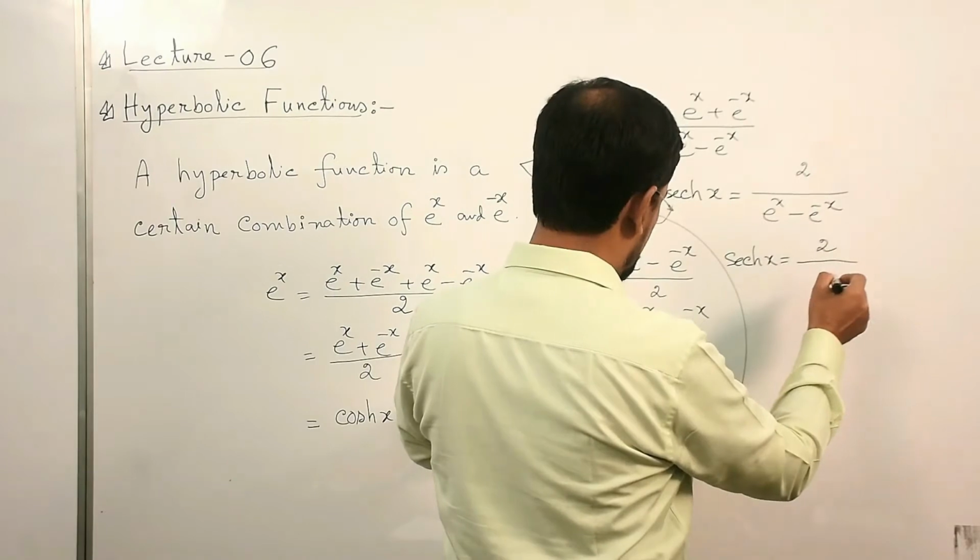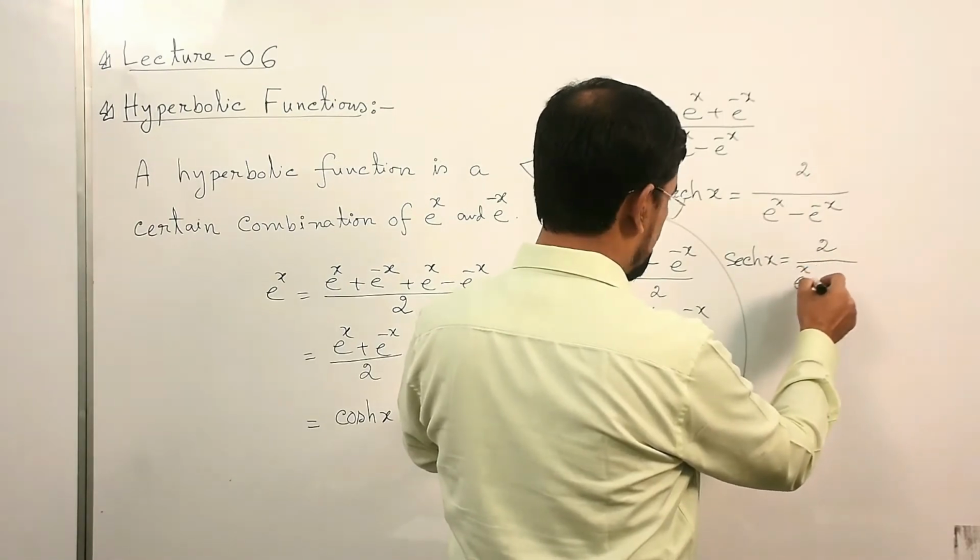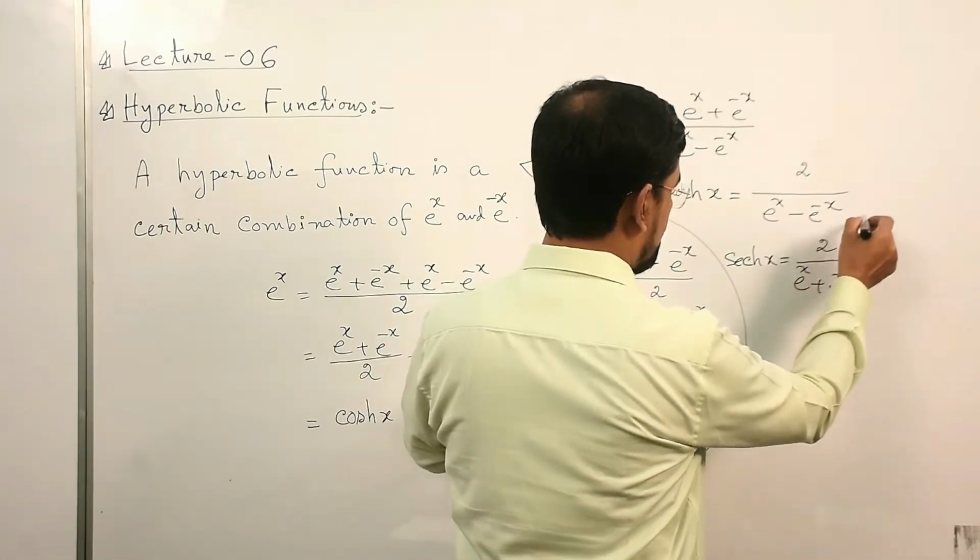So the numerator will be 2 and the denominator will be e to the power x plus e to the power minus x.